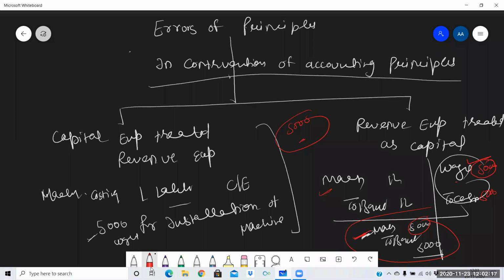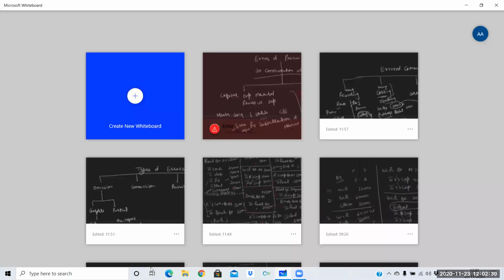Errors of principle are those errors committed on account of breach of accounting principles. Breach of accounting principles means revenue expenditure is treated as capital expenditure or capital expenditure is treated as revenue expenditure. In that case, it is an error of principle.